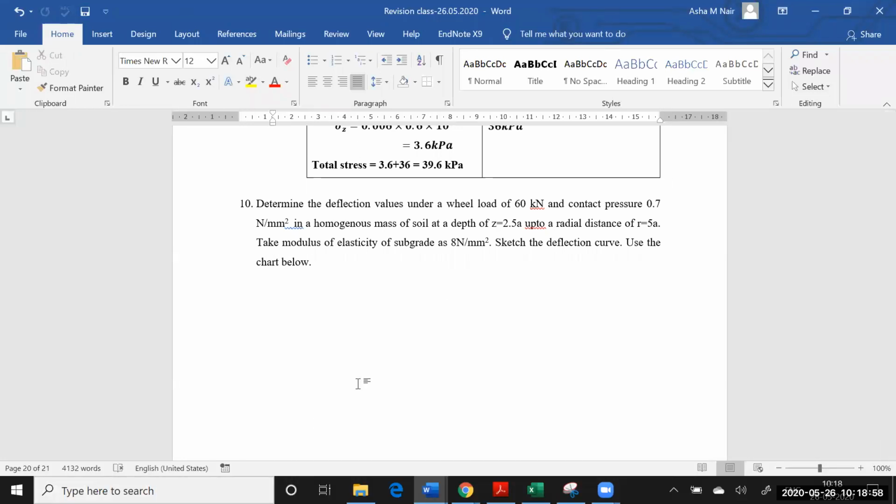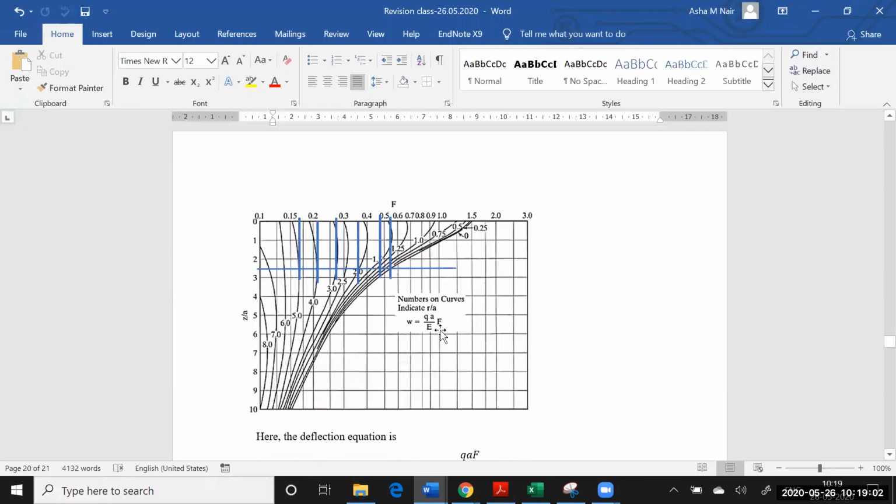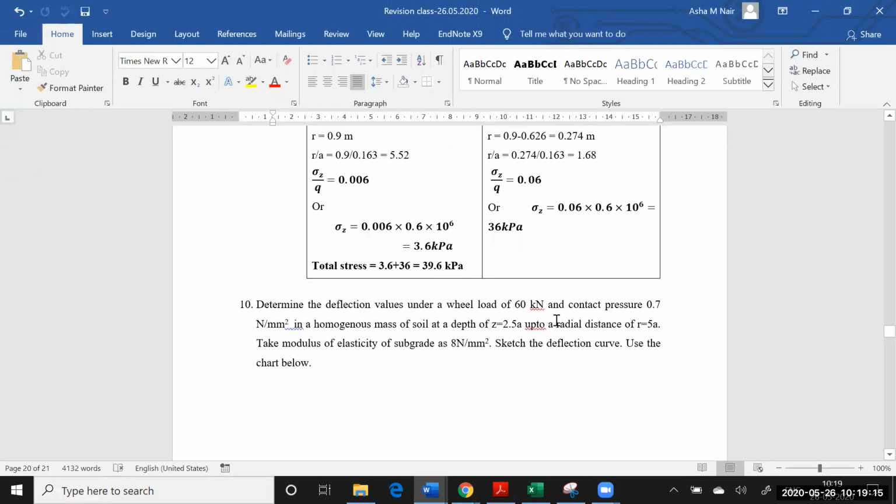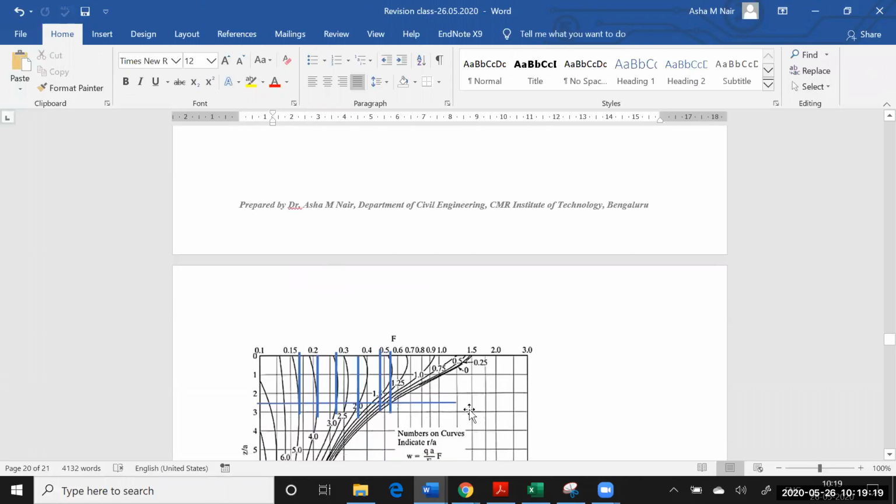In the chart, you are asked to calculate the deflection value. You can determine the deflection value using the expression W = q × a × E × F, where q is called the tire pressure or contact pressure, which is given in your question as 0.7 Newton per mm square. And then what is a? a is the contact radius.